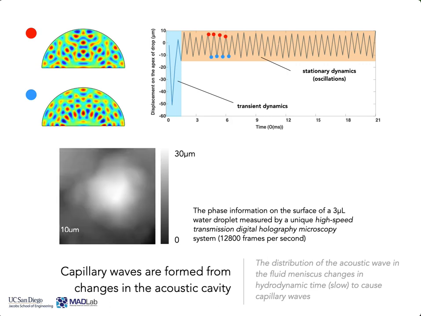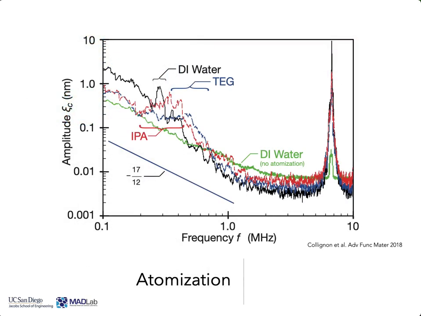Here's an example of one of these droplets viewed from the top during atomization, and you can see that slow vibration back and forth. Now this is 12,800 frames per second, so relatively slow compared to what we showed before. But the point is that the acoustic wave trapped inside of that droplet is being altered by the shape itself.